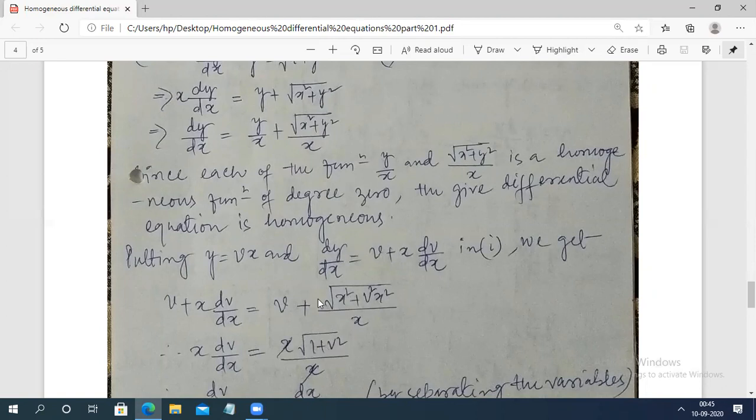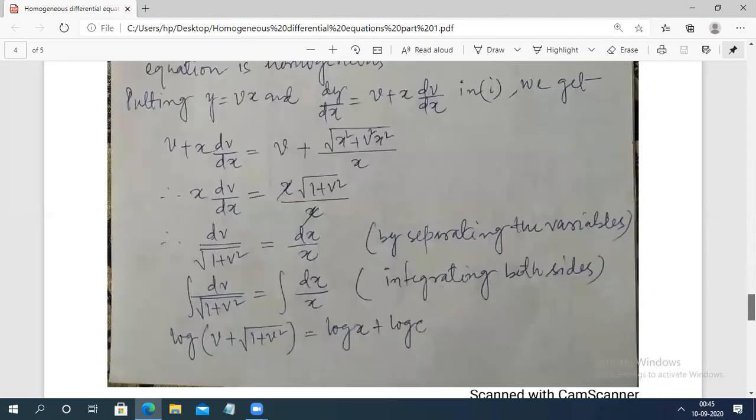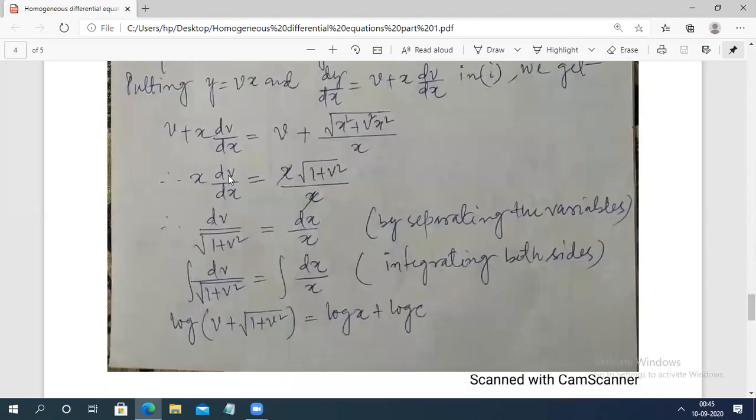Again this x and this x will get cancelled out, and you will remain with the term x dv by dx is equal to root over 1 plus v square. Clear? Now you can see that you can separate out the terms containing the variable v and x.